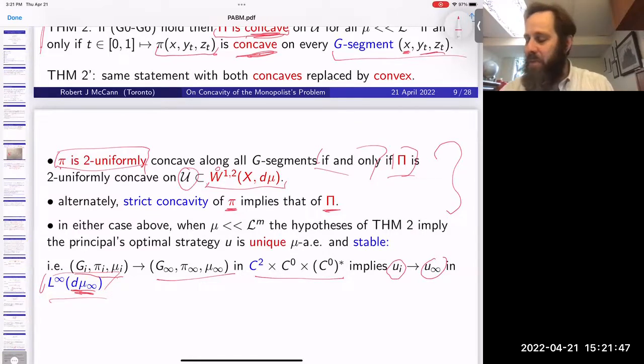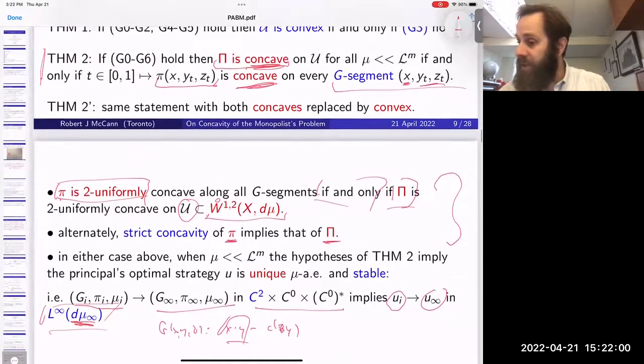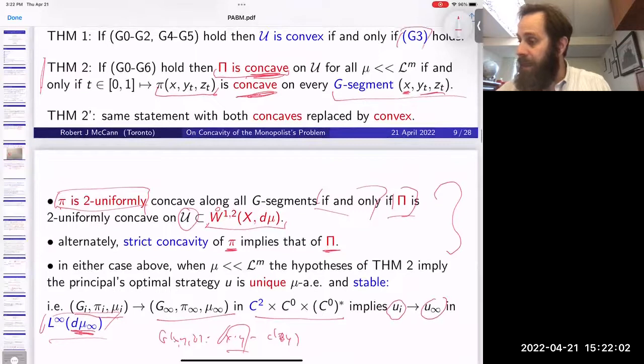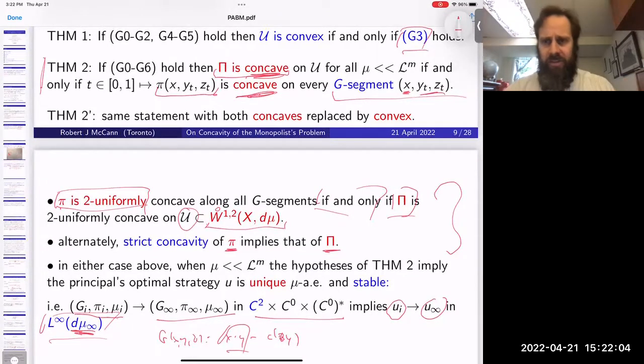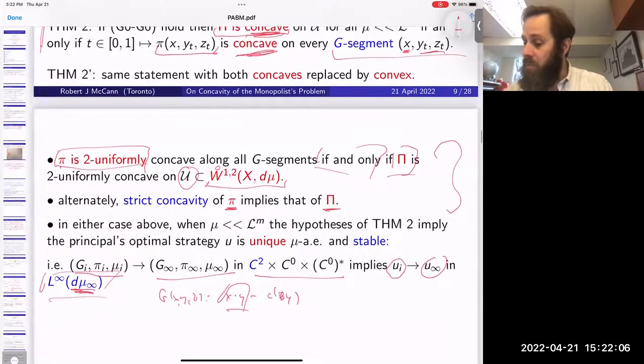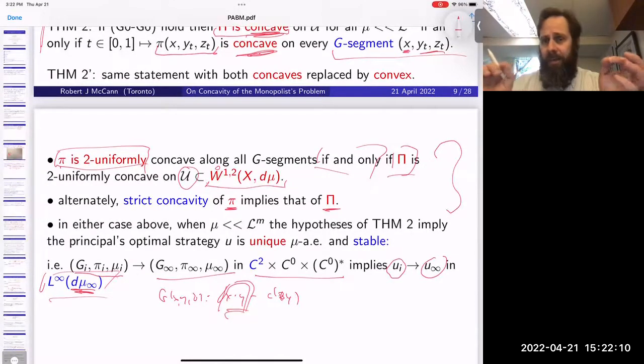And I should reiterate that the case G(x,y), the case studied by Roche-Chenet, is actually borderline, because in this crucial hypothesis G3, when you're asking for convexity along G segments, for this bilinear surplus the G segments are just line segments, and the thing that you want to be convex is just linear.